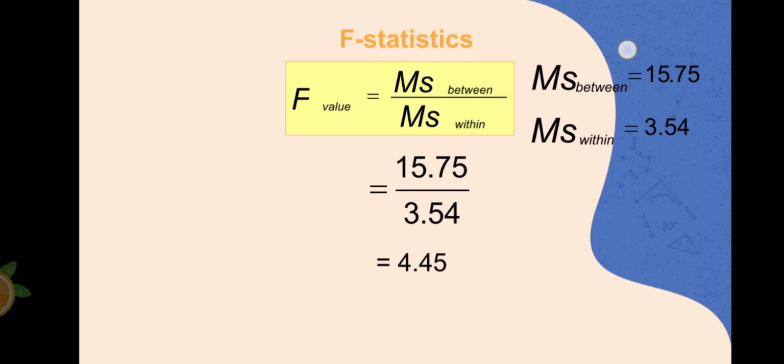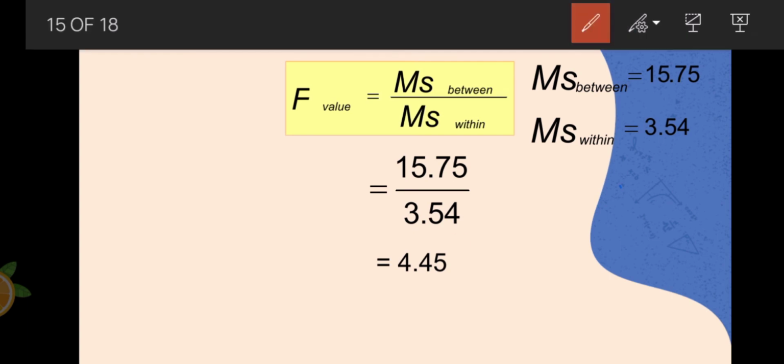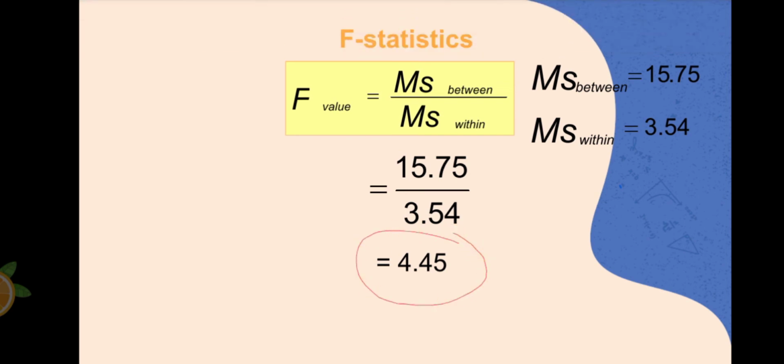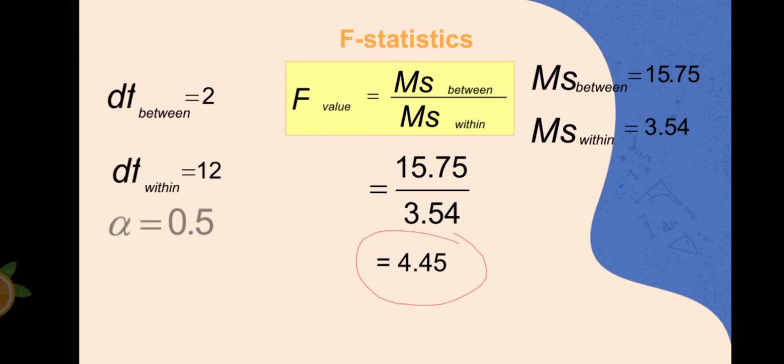So we now have our F value. Now looking back at the degrees of freedom between and degrees of freedom within and our alpha level, we are going to look for our F critical in our F distribution table.